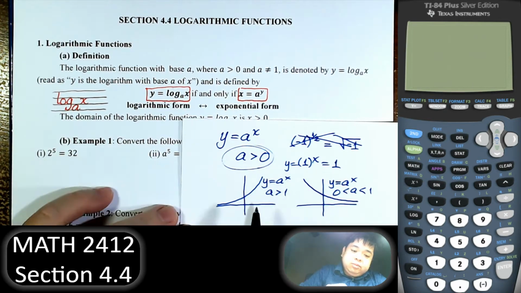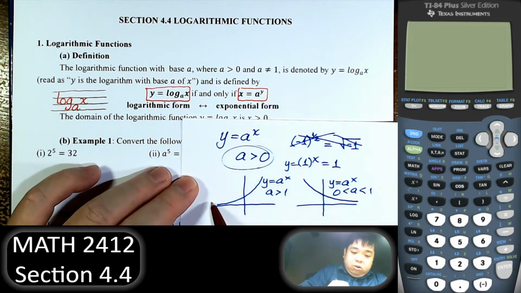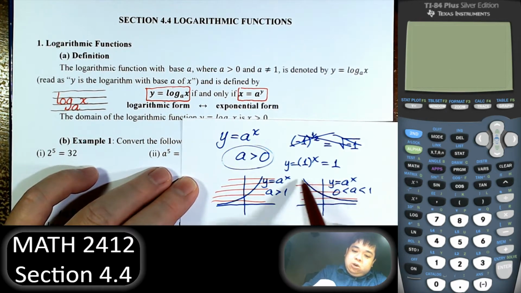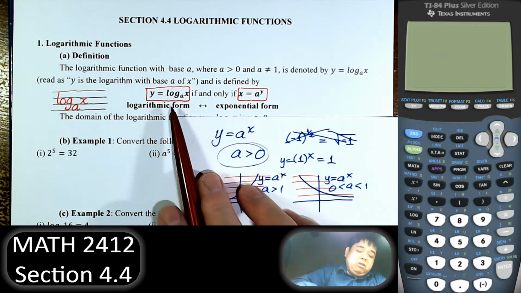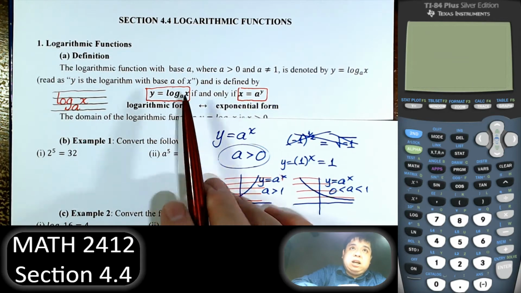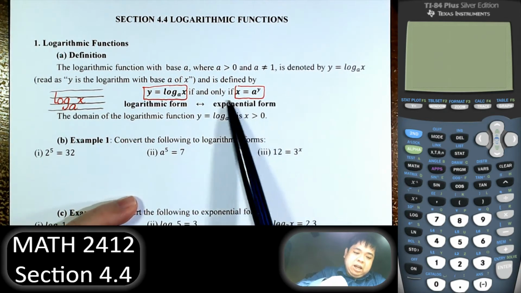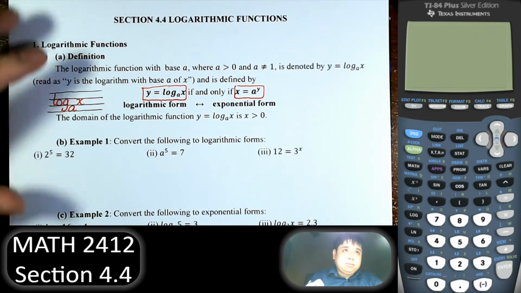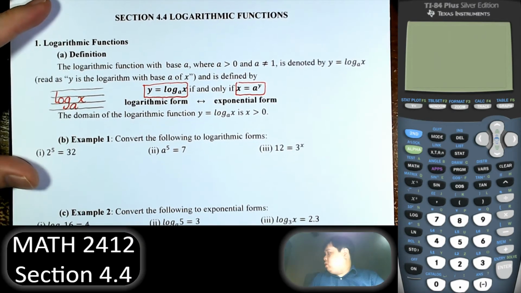In either case, it is a one-to-one function, because the horizontal line test only cuts the graph at one point. Because it is a one-to-one function, there will be an inverse, and the inverse will be y equal log base a of x. The base a stays the same, the equal sign stays, and we switch x and y. That's how we go from the exponential function to the logarithmic function.